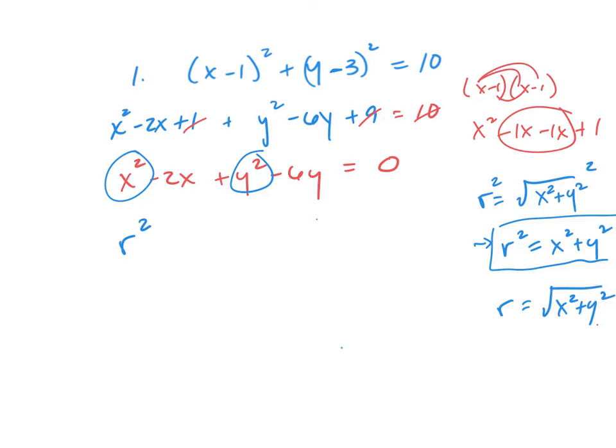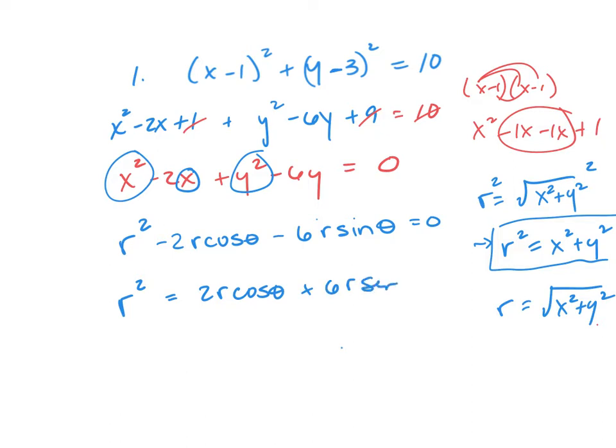So now I know that x is equal to r cosine of theta, and y is equal to r sine of theta. So the format that I want the equation in is I want to leave the r alone. So I have r squared equals 2r cosine of theta plus 6r sine of theta.